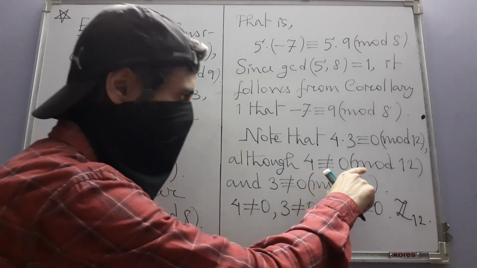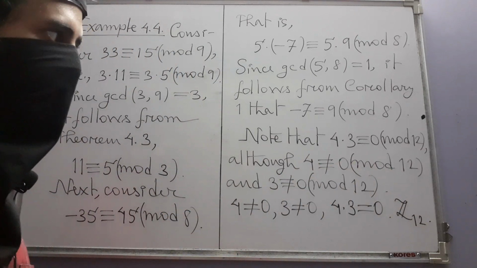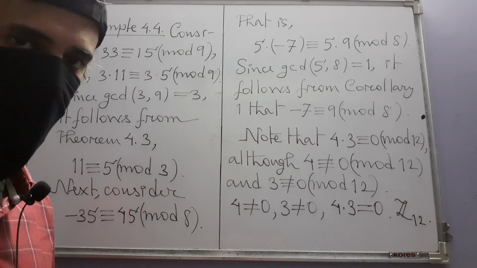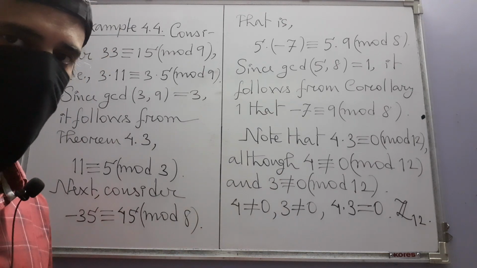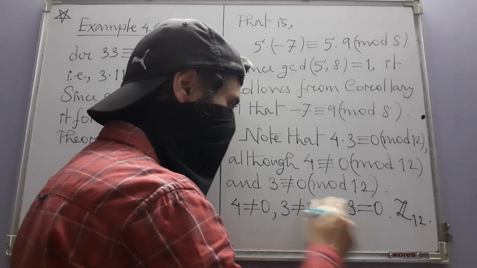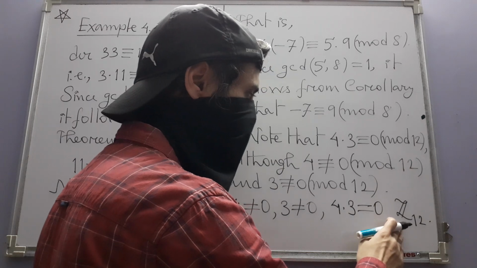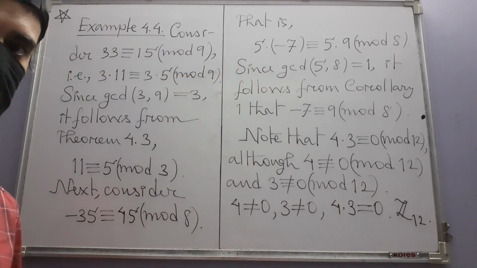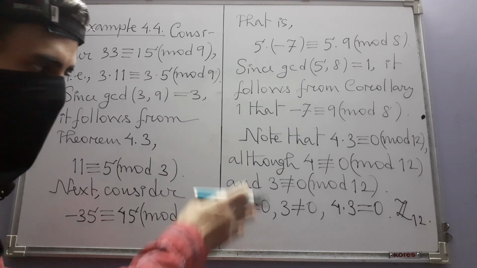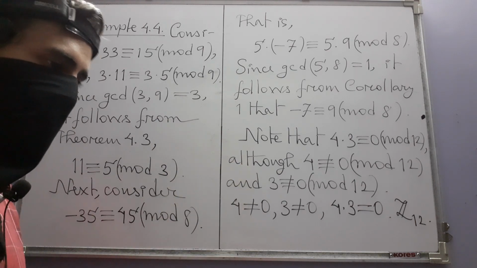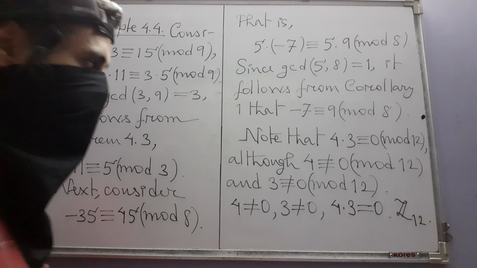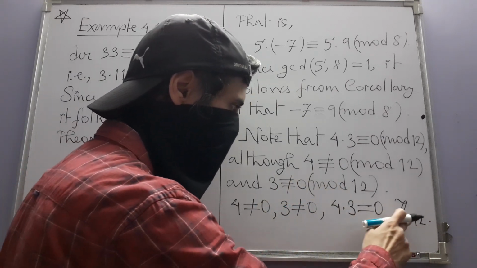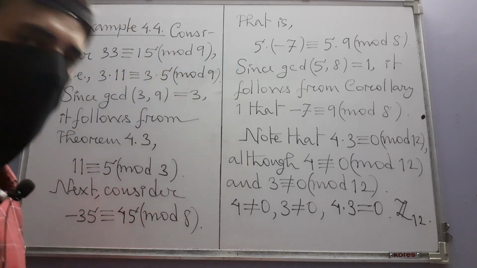When you are considering congruences modulo 12 and seeing things like this, some things are congruent to others, some things are not congruent to others, simultaneously you are actually also thinking of calculations in this group. In a sense, these two calculations are the same, okay? Considering congruences modulo 12 and considering ordinary equations in this group are one and the same.